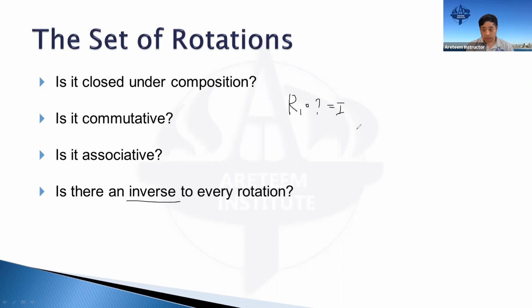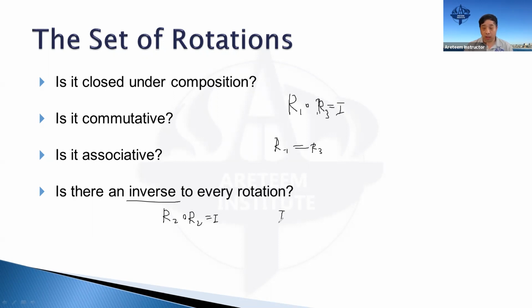Also, we have R-1, which is the same as R3, as we said. So R1 and R3 are inverses. Also R2 and R2 itself is an inverse. So yes, for every rotation, there is an inverse.